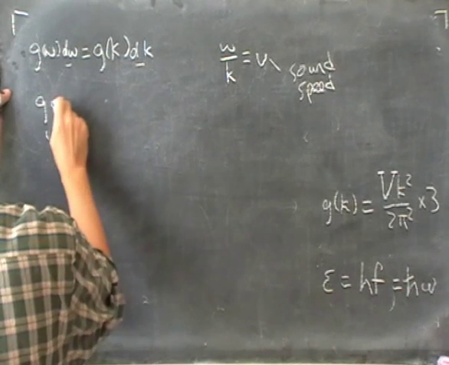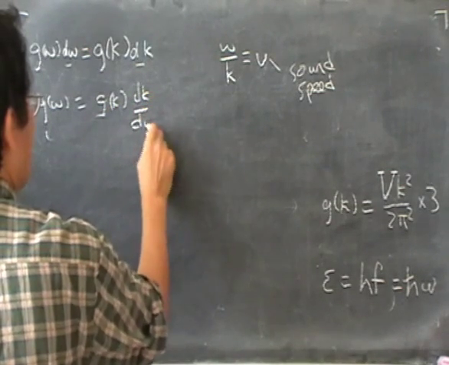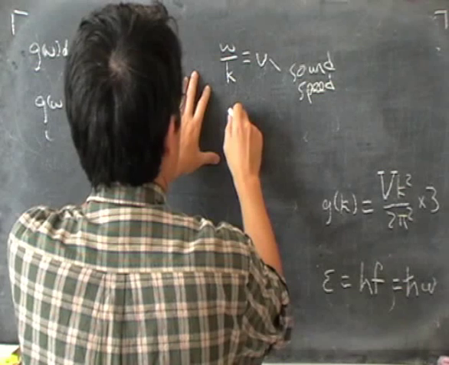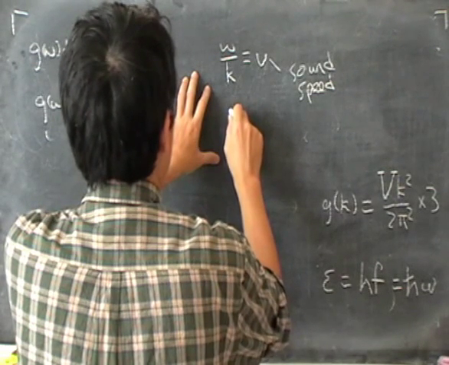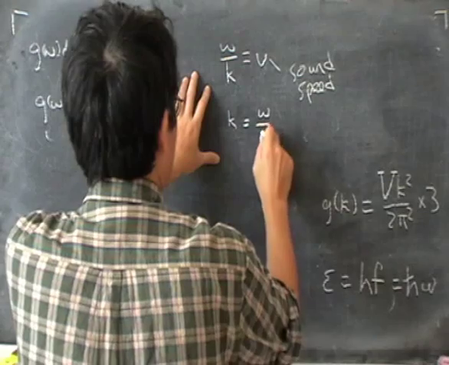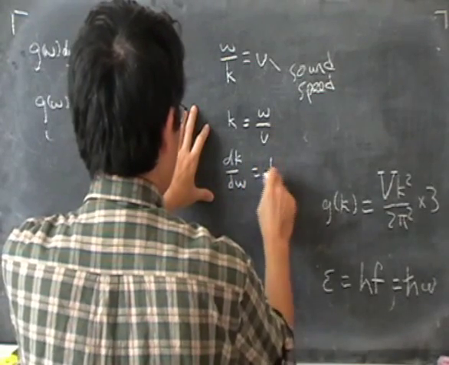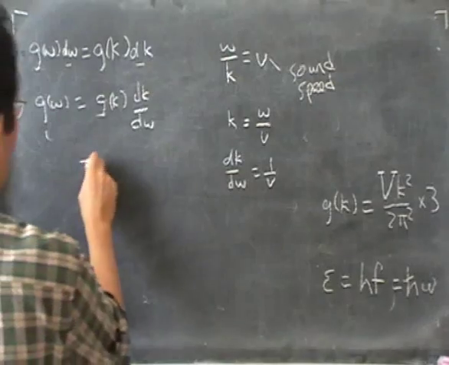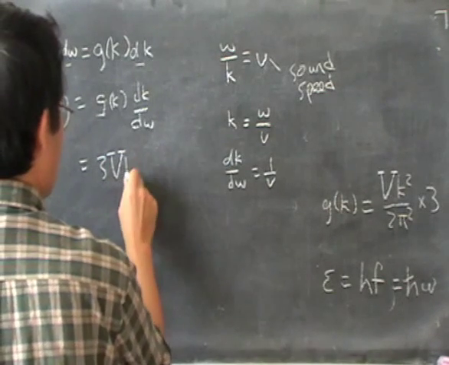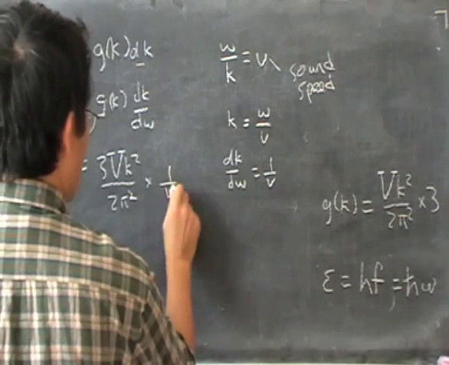So G of omega is equal to G of k times dk over d omega. I can differentiate that. I know that k is equal to, if I rearrange, omega over v, so dk over d omega is 1 over v. And G of k we know to be 3 big V k squared over 2 pi squared, times that, which is 1 over v.